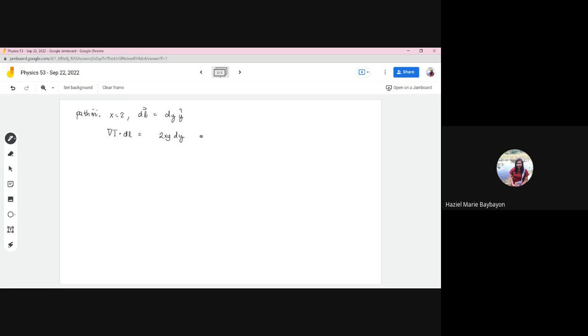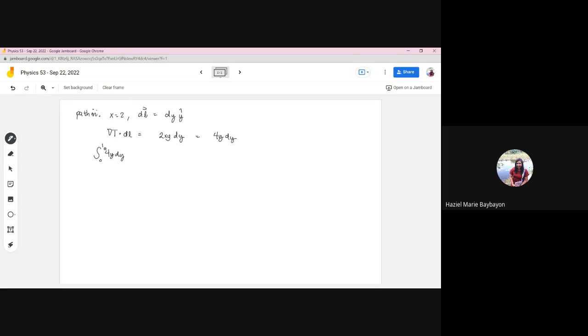And for this, x is equal to 2, so you have 4y dy. And then integrating this from 0 to 1.